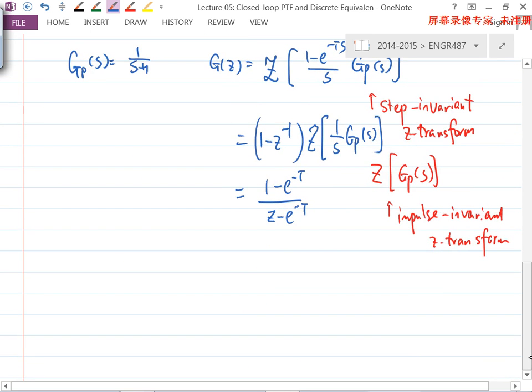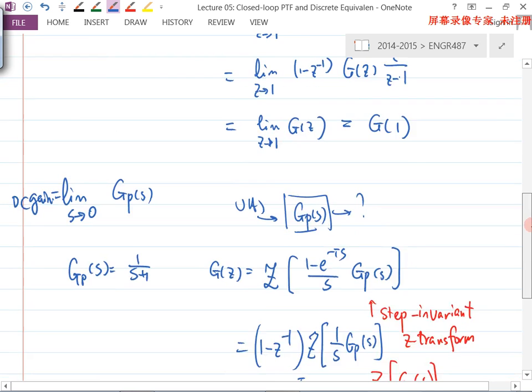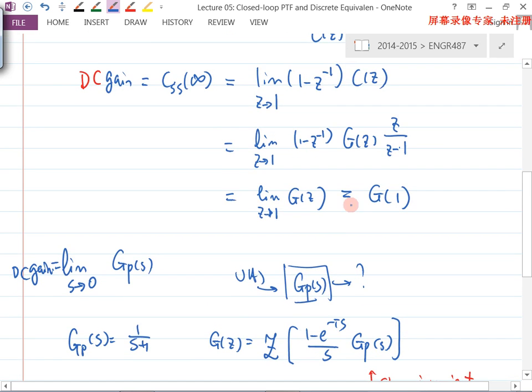So let's see what the DC gain is. According to the definition, the DC gain is equal to G at Z equal to 1.